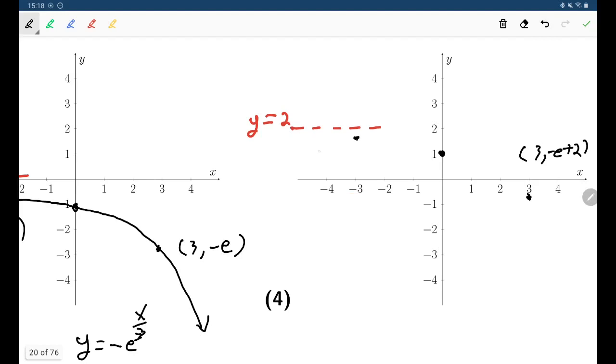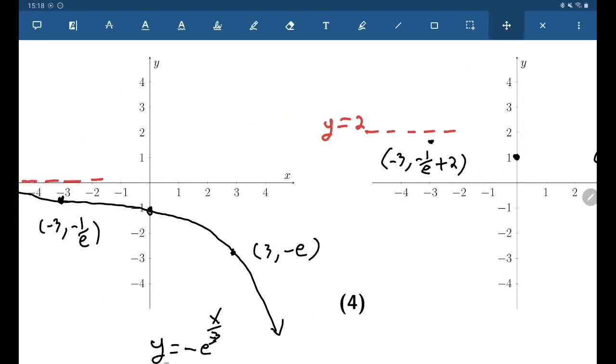And again, if we're labeling it, negative 3 for the x-coordinate, negative 1 over e plus 2, because the original y-coordinate was negative 1 over e, and we've added 2 to it. If you run this through your calculator, that's about 1.6-ish, which again, is somewhere between 1 and 2.